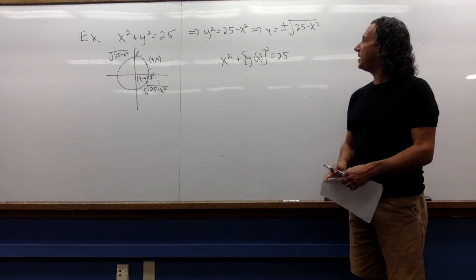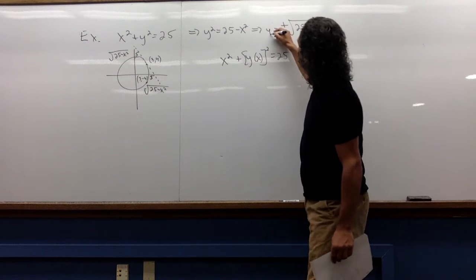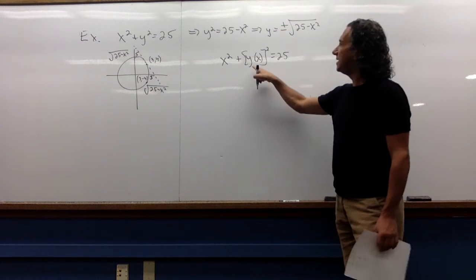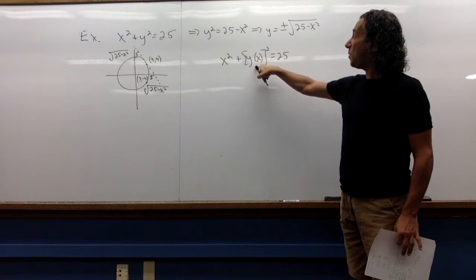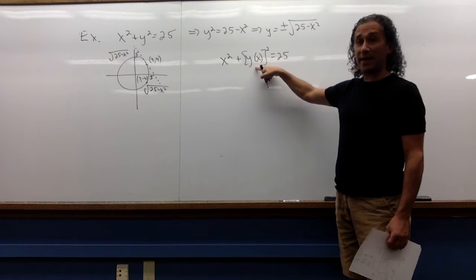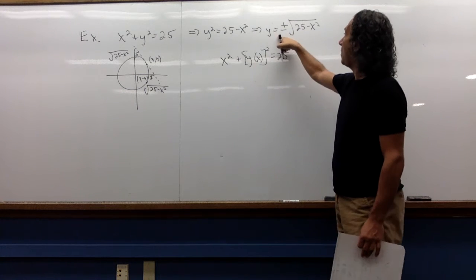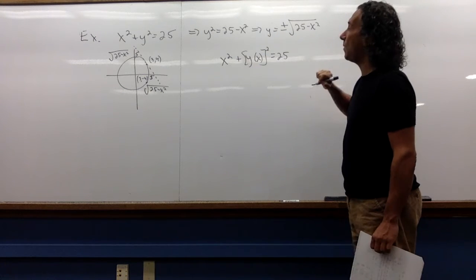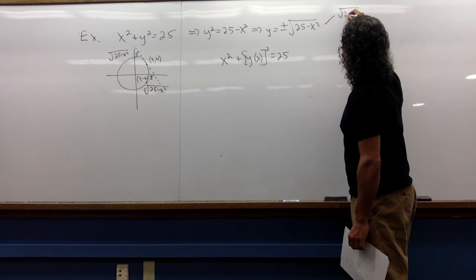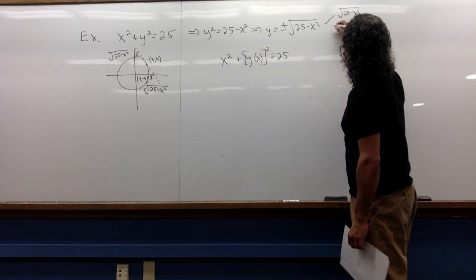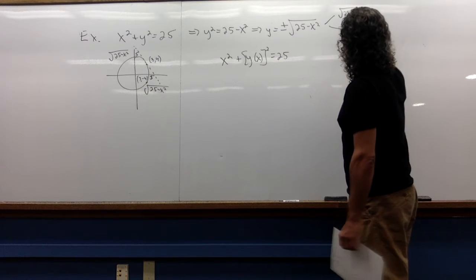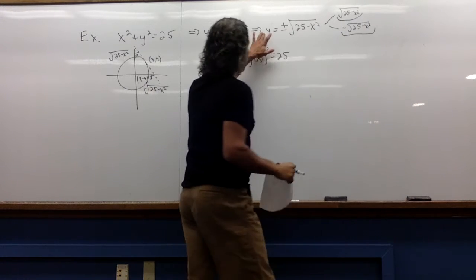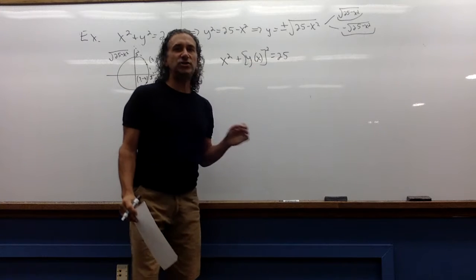So what do I mean by that? y of x is just some function. In fact, it's 1 y of x depending on where I am, but the possibilities are the square root of 25 minus x squared and minus the square root of 25 minus x squared. Either way, you could think of this as being a function of x.